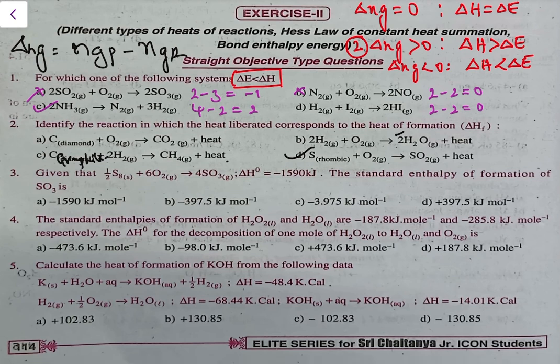Next, the third one. Given that half mole of S8 plus 6 moles of O2 gives 4 moles of SO3, for this reaction the standard enthalpy is given, that is minus 1590 kilojoules. The standard enthalpy of formation of SO3, that is 1 mole of SO3, is asked. See here, for 4 moles, how much energy is liberated? Minus 1590 kilojoules.